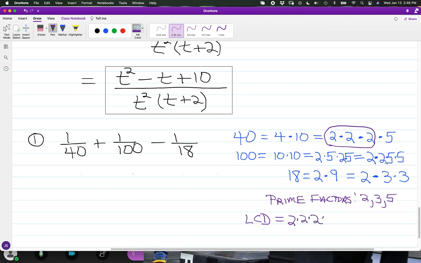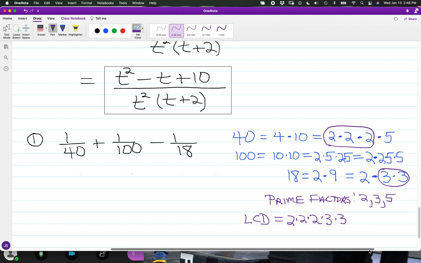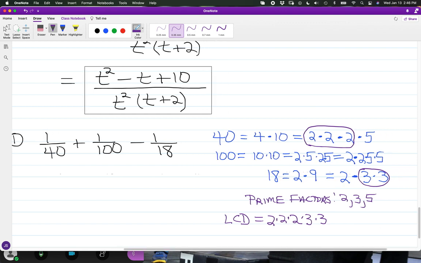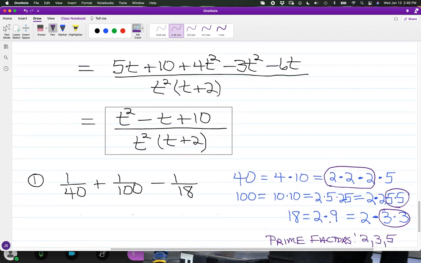And as for the number 3, it doesn't appear from 40, nor does it appear from 100, but it does appear twice from 18. And as for 5, it comes once from 40, twice from 100, and not at all from 18. So we have 5 times 5.